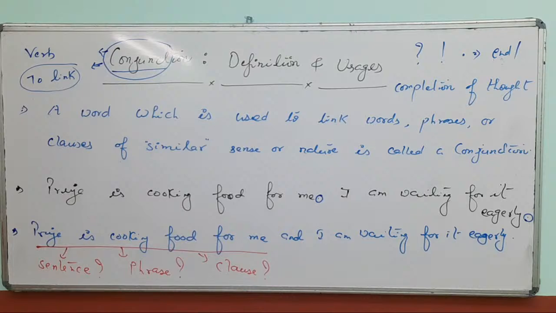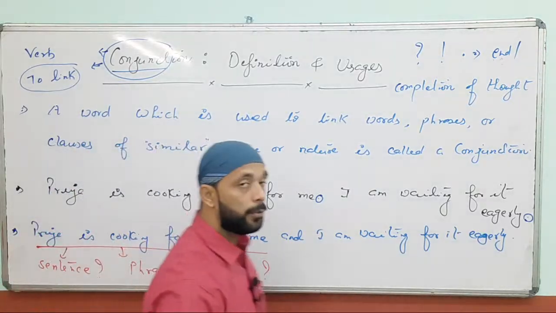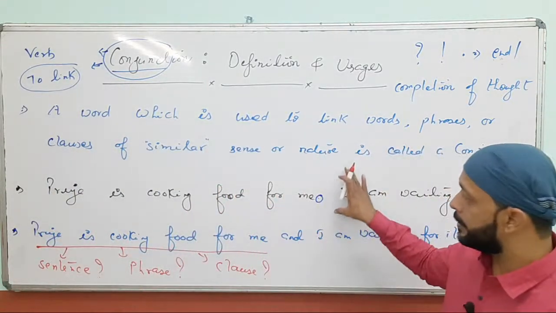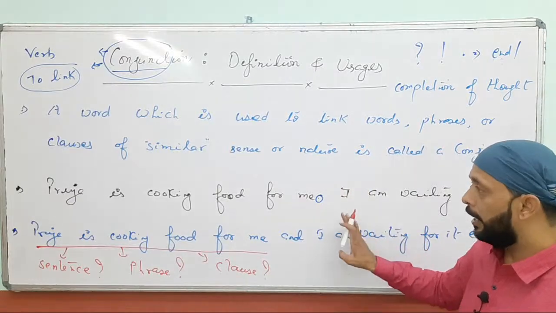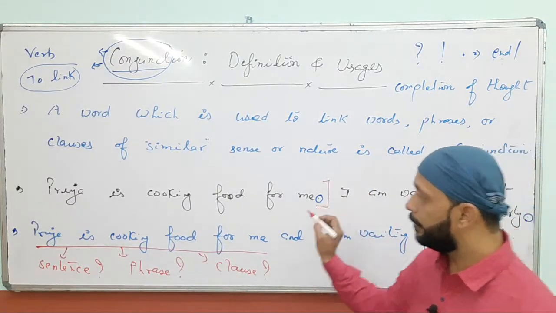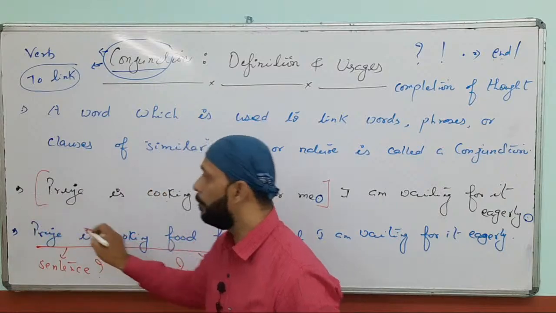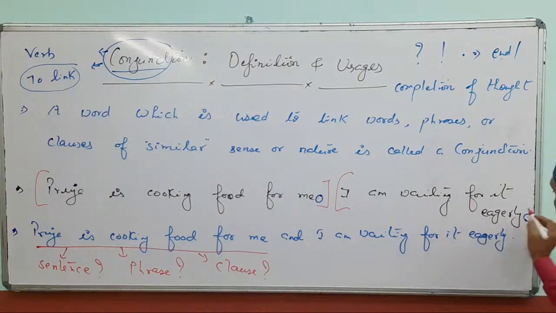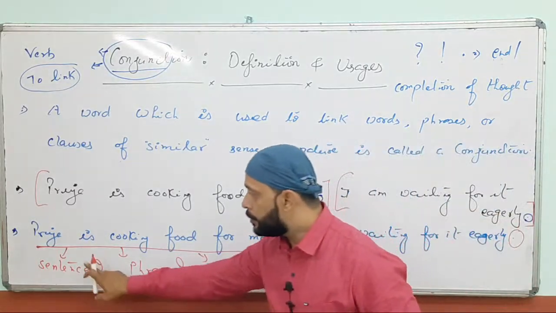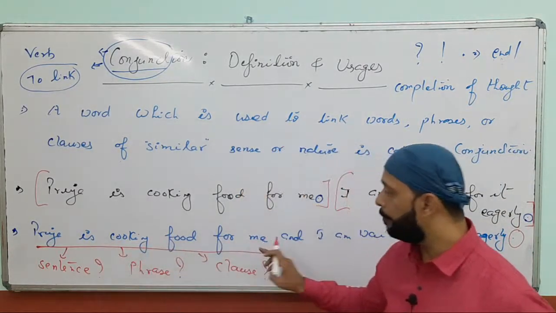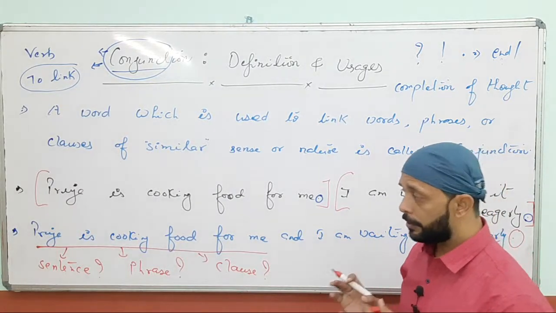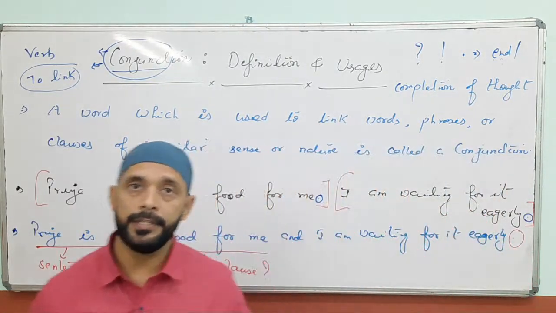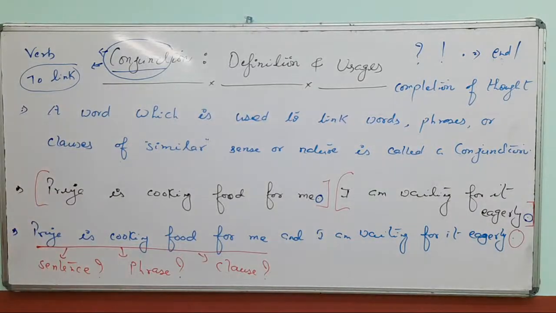What do you think? Priya is cooking. Now try to see this example, not these. Because I have already elaborated that this combination with two full stops has two sentences. But when we come to the next, I have used just one full stop. So the question is here, what is Priya is cooking food for me here? Is it a clause? Is it a phrase? Is it a sentence?